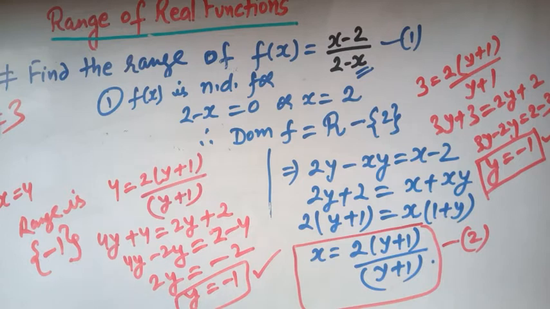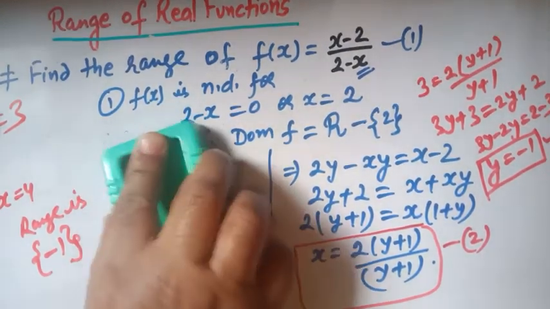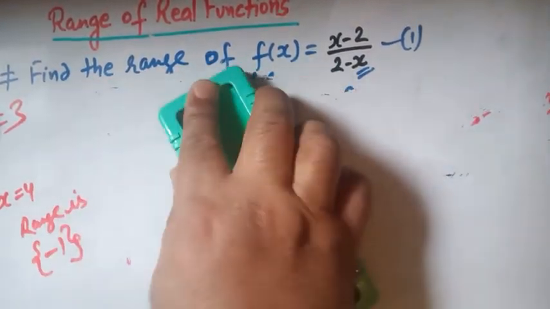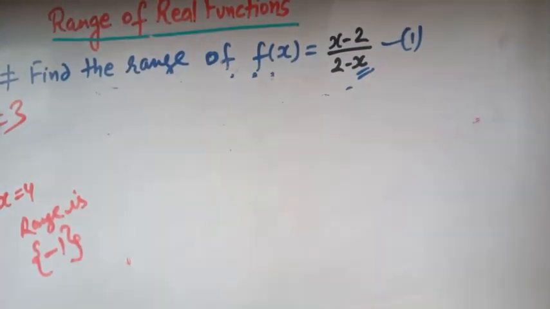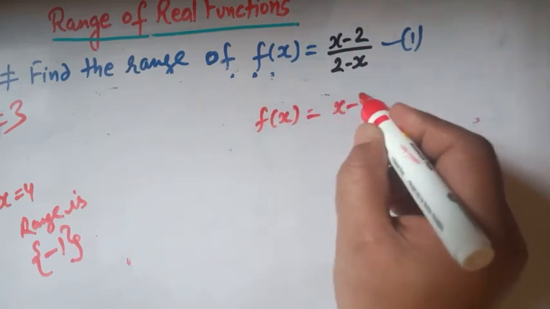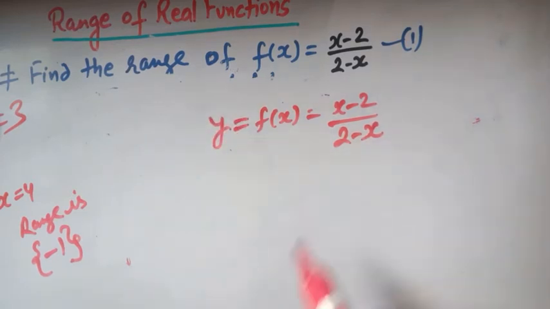Clear? Now we can justify or explain this result by one more method. Okay, and the method is, see, here we have fx is equal to x minus 2 over 2 minus x, and we assume that y is equal to fx.